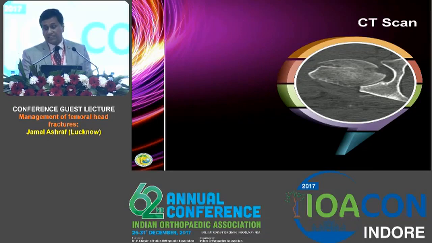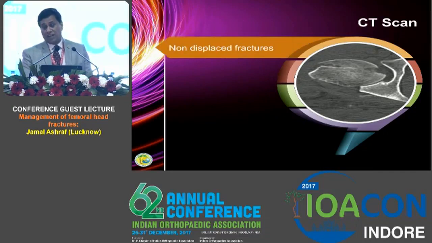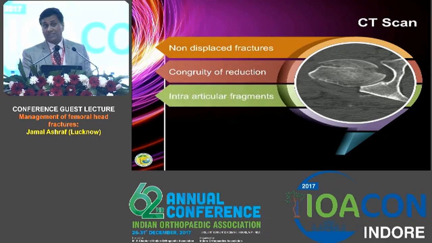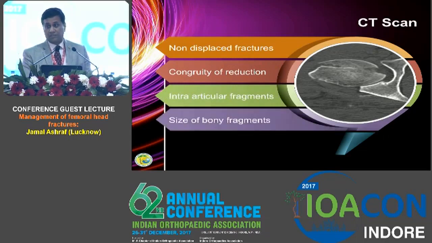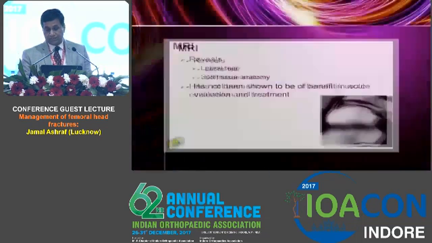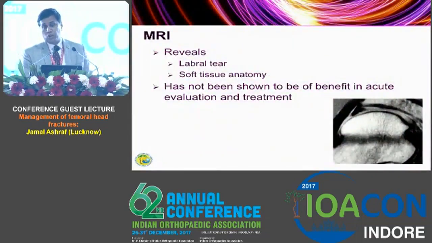The CT scan will reveal non-displaced fractures, the congruity of the reduction that you have been able to achieve, the presence of any intra-articular free fragments, what is the size of these bony fragments, and associated head, neck, and acetabular fractures. Some surgeons also recommend MRI, though it has to be kept in mind that it is not shown to be of any benefit in acute evaluation and treatment, though it will reveal labral tears and soft tissue anatomy, both of which do not contribute to your treatment.